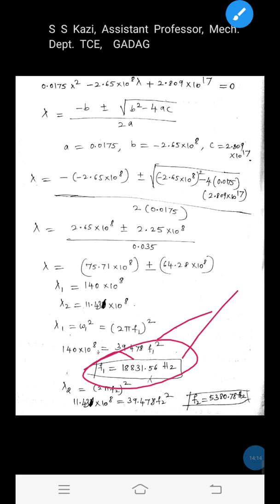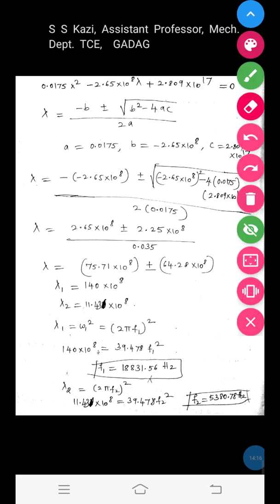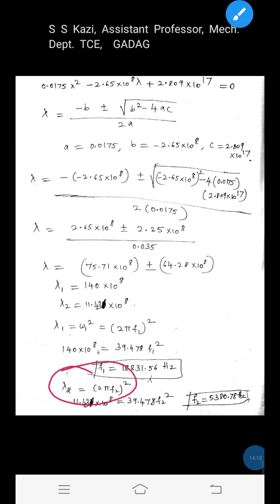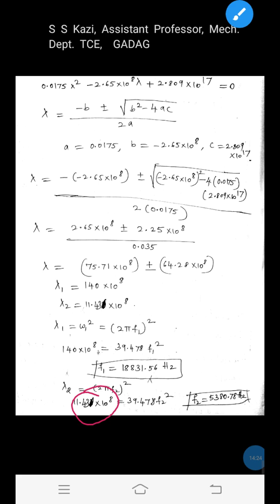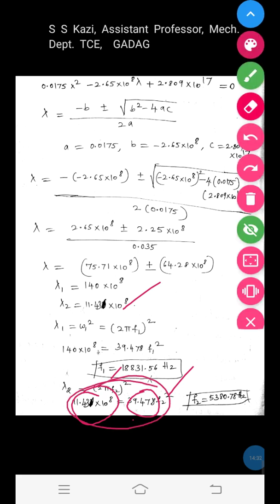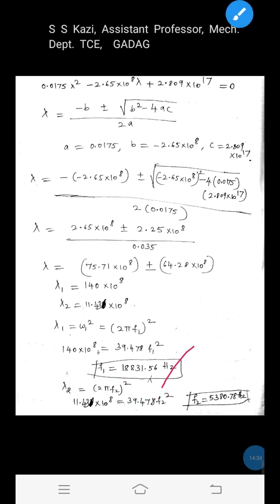We got this frequency. Similarly, second natural frequency from lambda 2 is equal to 2 pi f2 whole square, and lambda 2 you substitute, we got 11.43 into 10 raised to 8 is equal to 2 pi whole square is 39.478 into f2 square. If you solve this equation, we will get f2 second natural frequency 5380.78 hertz.